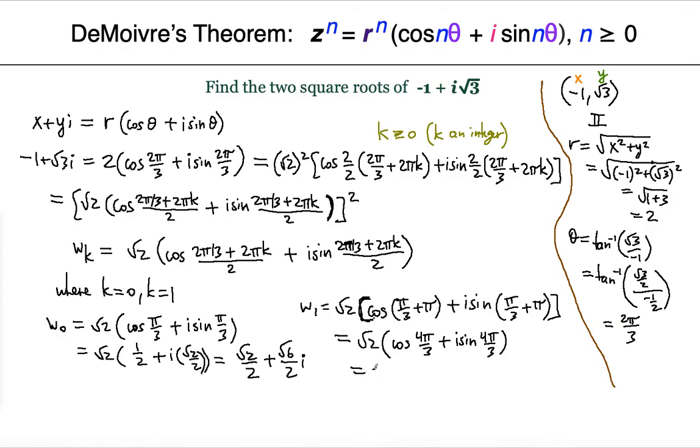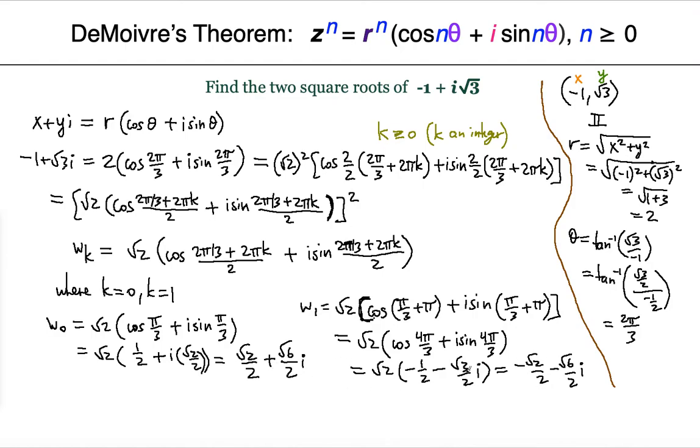This result is radical 2 being multiplied by negative 1/2, and then minus, because sine of 4 pi over 3 is minus radical 3 over 2, so minus radical 3 over 2i. So this is indeed equal to minus radical 2 over 2 minus radical 6 over 2i.